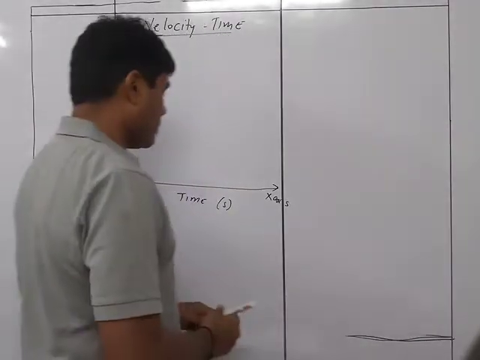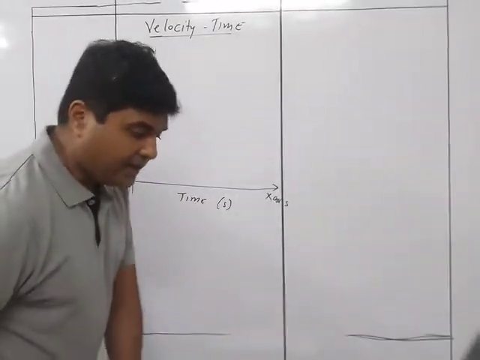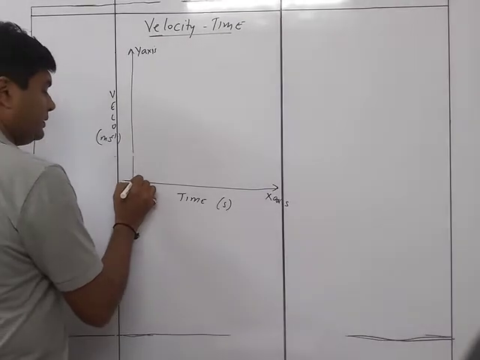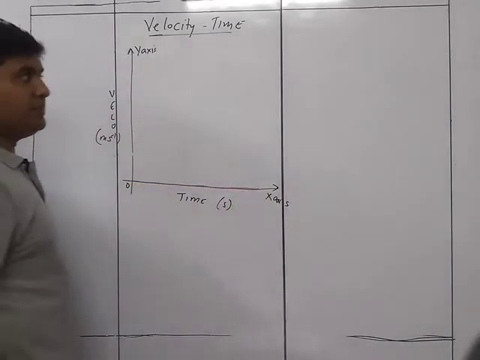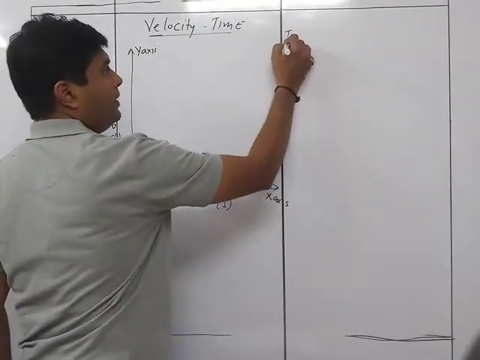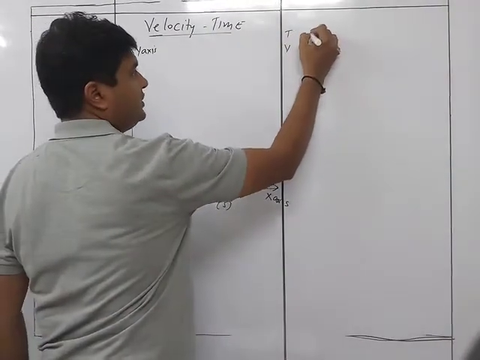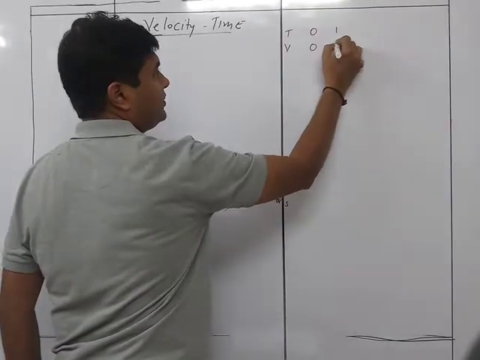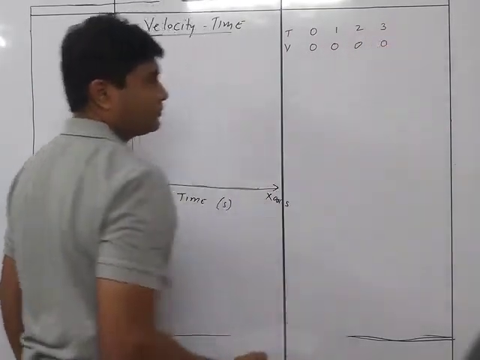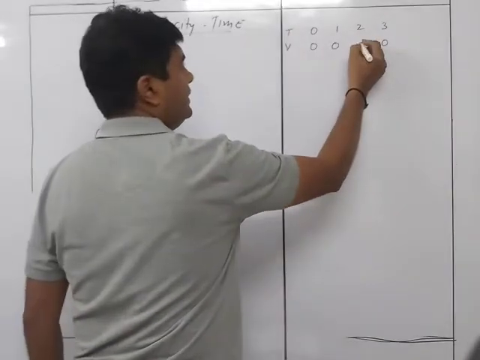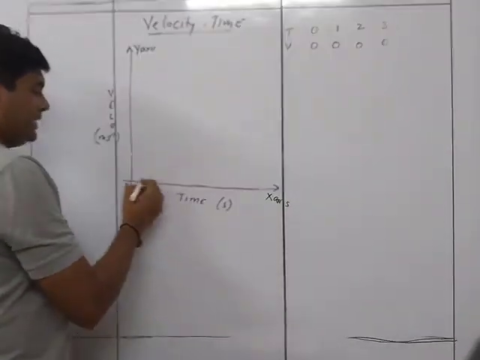If the body is such that it gives a graph exactly on the x-axis, that means time and velocity are such that time is 0, velocity is 0; time 1, velocity still 0; time 2, still 0; and time 3, still 0. If this is the condition, you will get a graph like this.